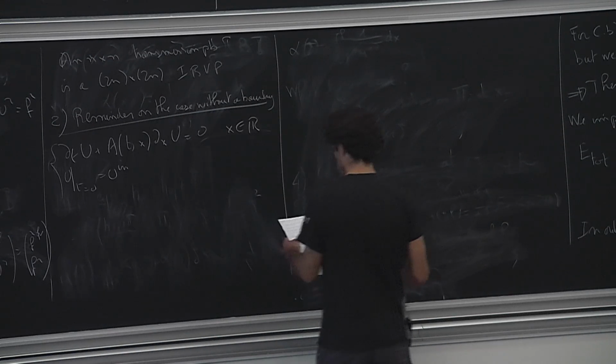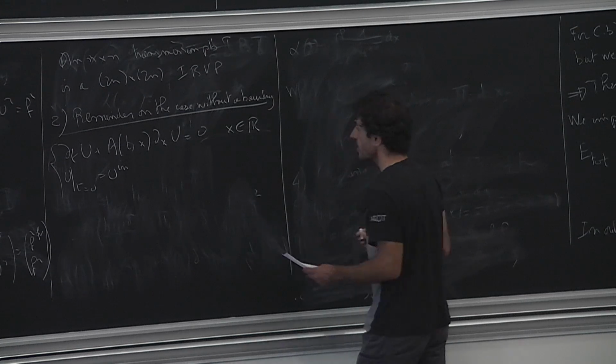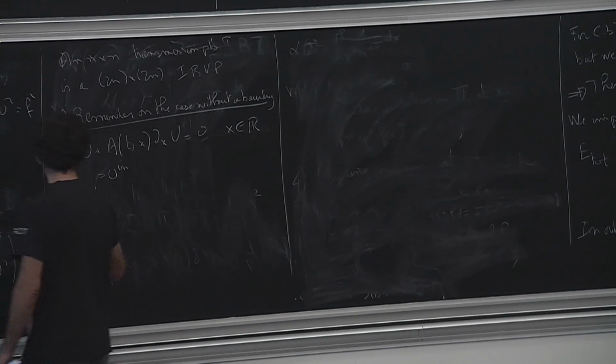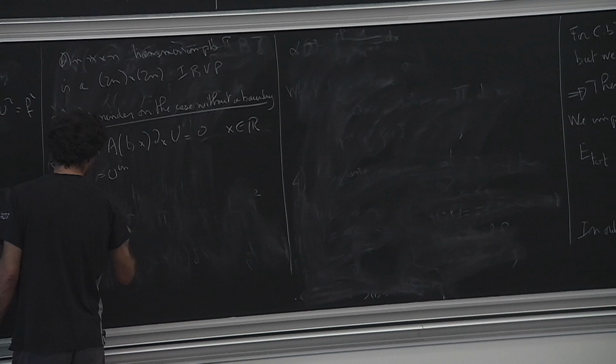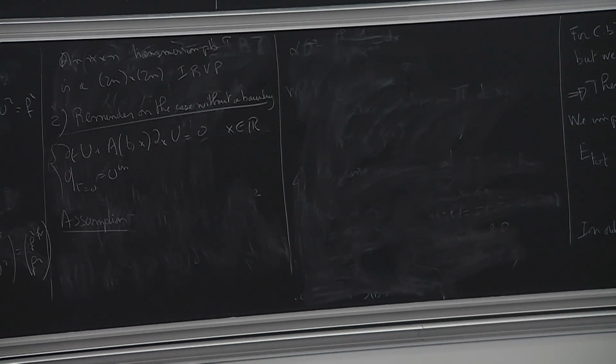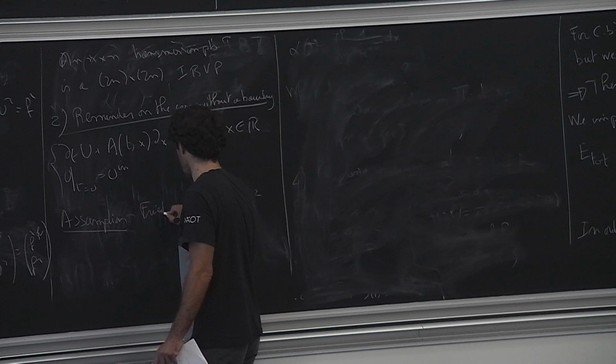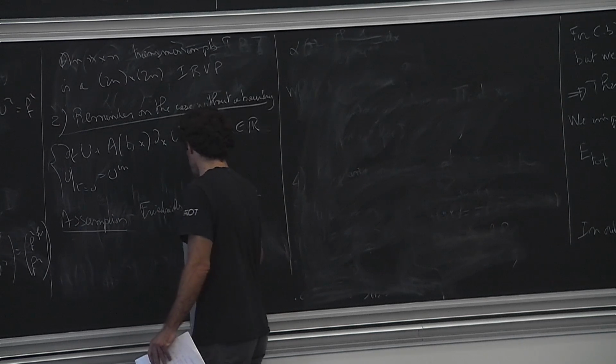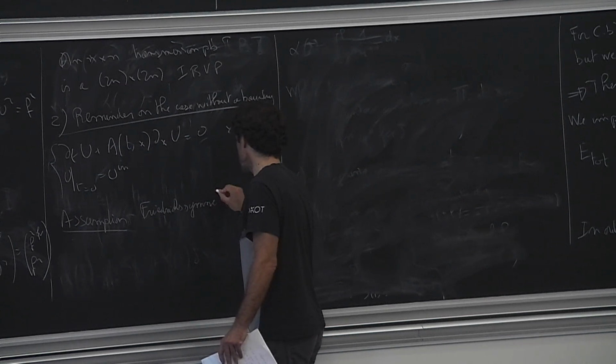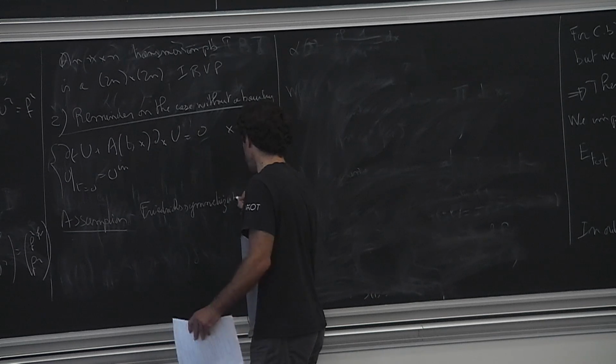So I will use this assumption. On the matrix A, I will assume that it's Friedrichs symmetrizable. So we have a Friedrichs symmetrizer. What does it mean?